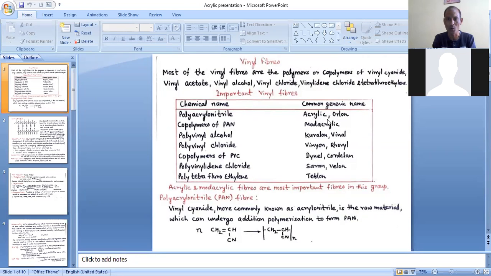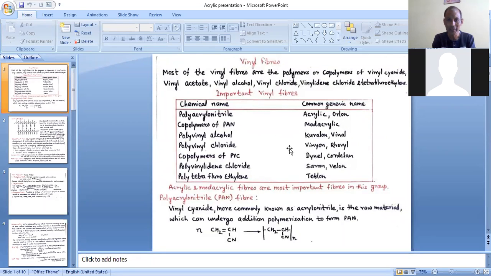So acrylic or orlon fibers have the chemical name polyacrylonitrile. Similarly, copolymers of polyacrylonitrile are known as mod acrylic. Polyvinyl alcohol fibers are called curolon or vinyl.